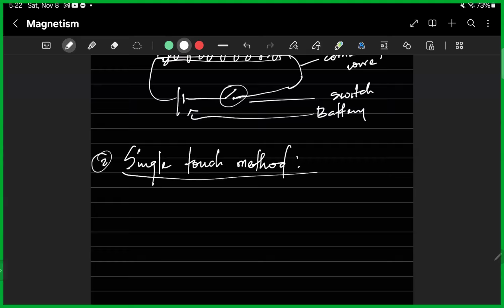And what happens here? A steel bar is struck from end to end several times.